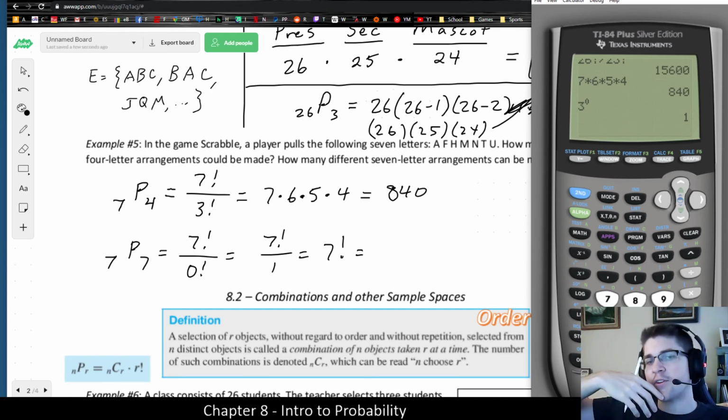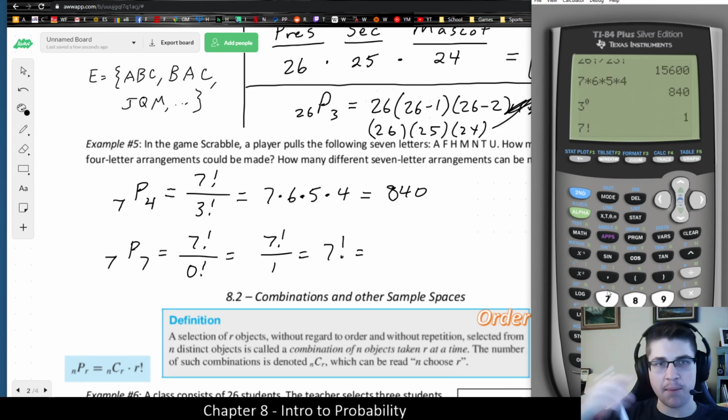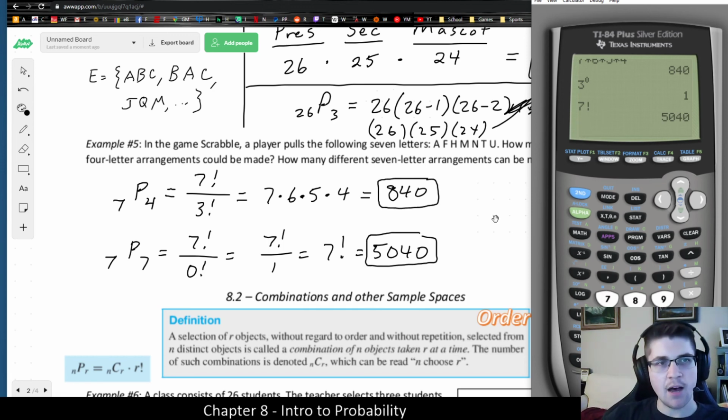By the time I've done all that, for the last letter there's no choice; there's just 1. Obviously I could type out 7 times 6 times 5 times 4 times 3 times 2 times 1 in my calculator, but it's easier to use the factorial key. And there would be 5,040 unique arrangements of those letters.